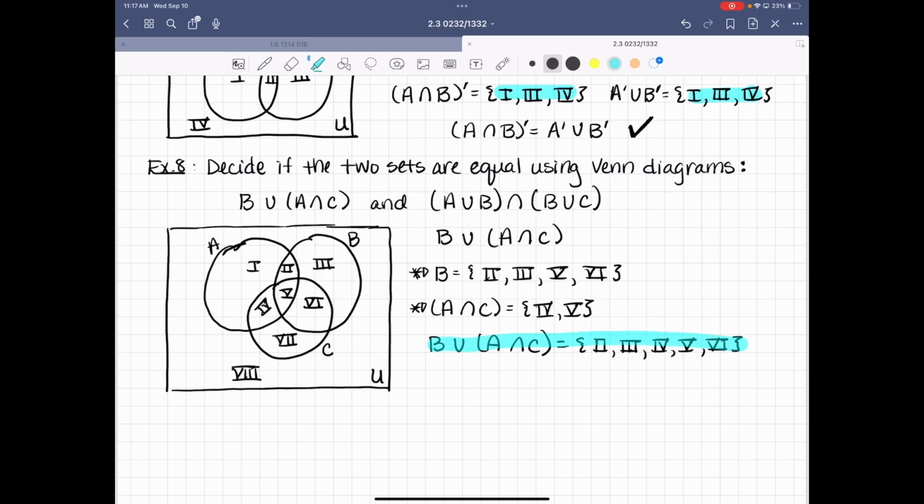Okay. Now, that's the first part, and it says decide if they're equal. So now we have to find A union B intersection with B union C. Okay, so that's like the title. There's the title.